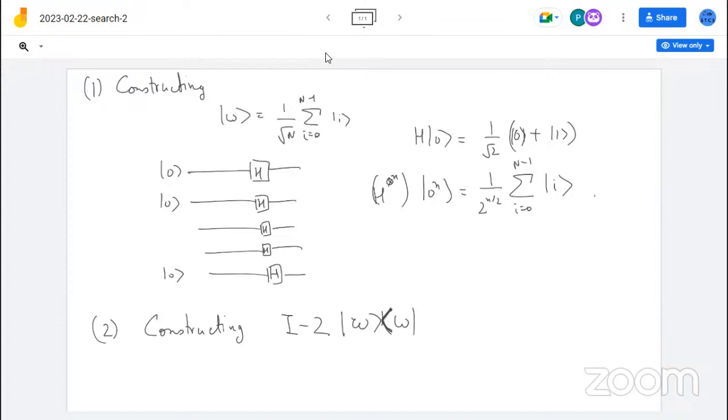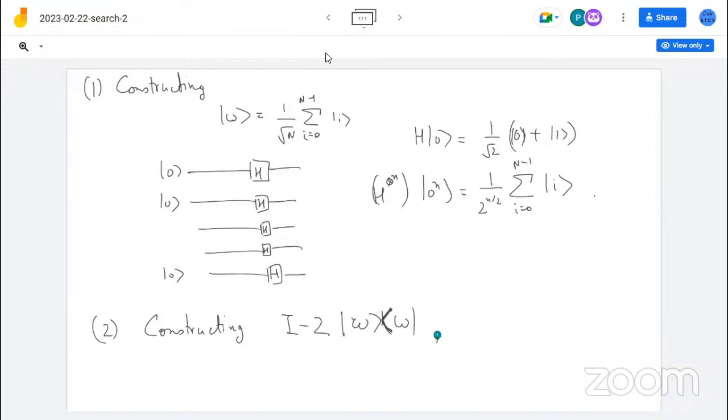If you use classical gates and all these things to get I minus 2 0 0, you have to use that circuit.